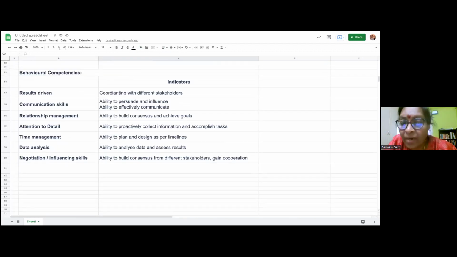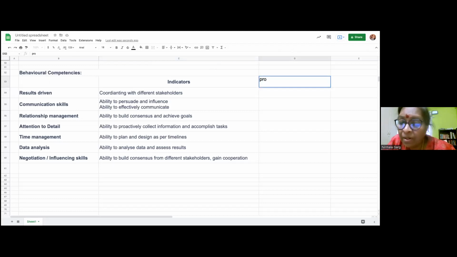We need to now write what we call proficiency levels. What is a proficiency level? For example, I'm a training manager. I'm wanting to analyze, say, negotiating and influencing skills.